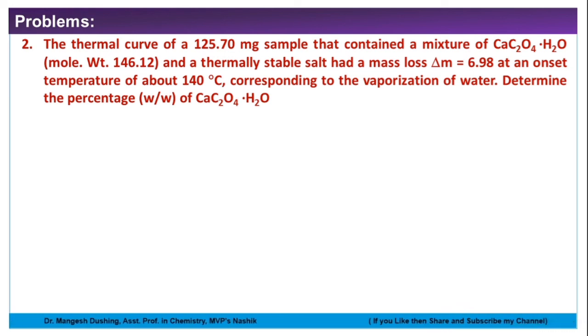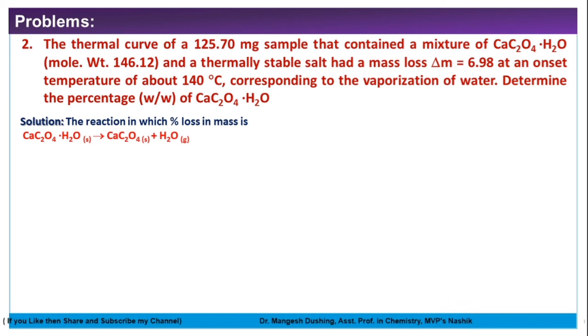Friends, in this case, a mixture of two samples is heated. The total sample weight is 125.7 mg. One is thermally stable, while the second one loses mass, that is the calcium oxalate. The reaction is calcium oxalate monohydrate giving calcium oxalate plus H2O.